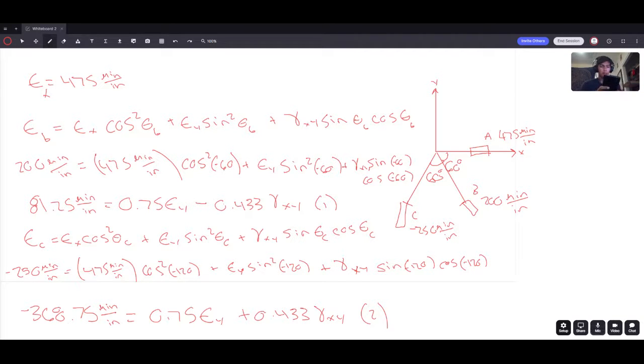So plugging that in, 2 equations, 2 unknowns, 81.25 equals 0.75 epsilon Y minus 0.433 gamma XY, and negative 368.75 equals 0.75 epsilon Y plus 0.433 gamma XY.